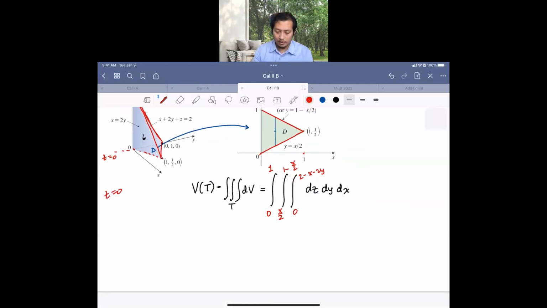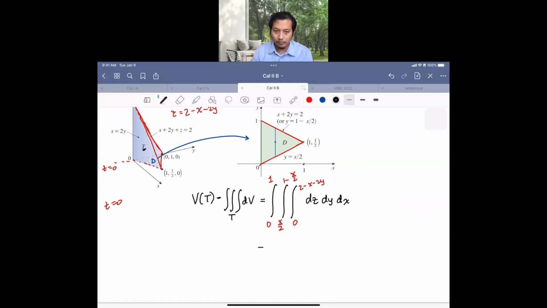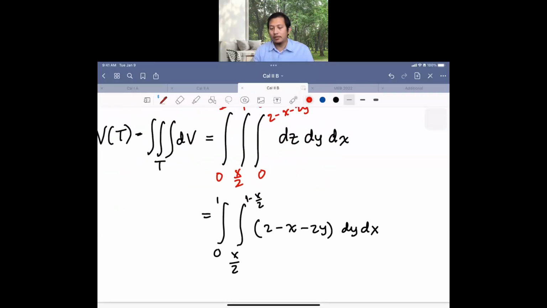Now we are also going to evaluate the integral of z, then dy dx. And I think this is just a normal double integral. We could integrate through y, right?